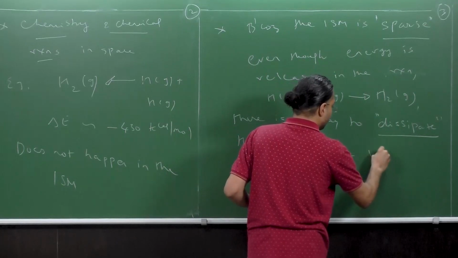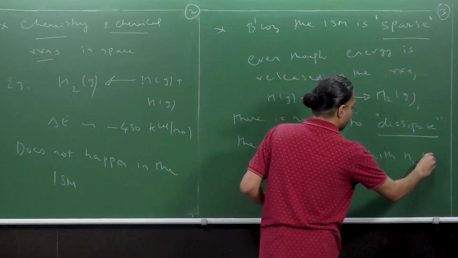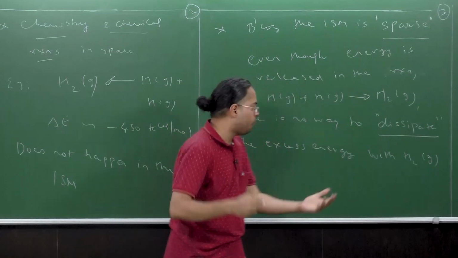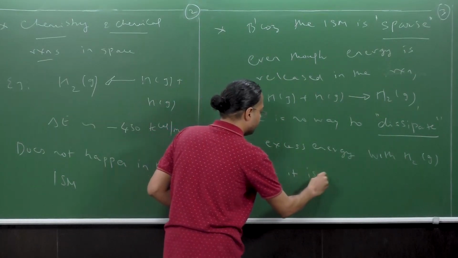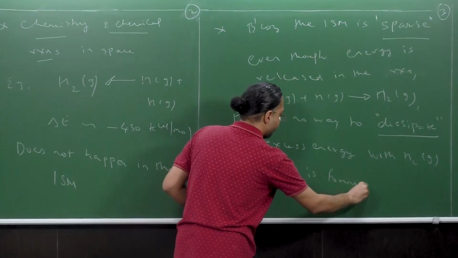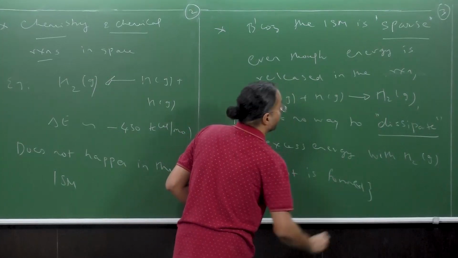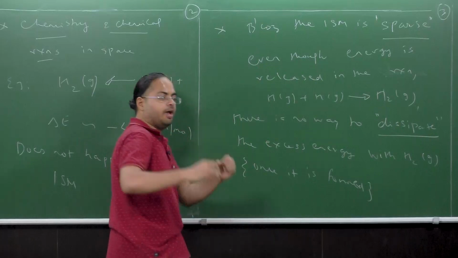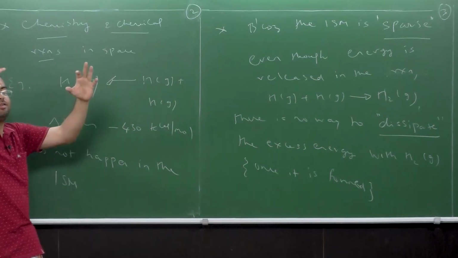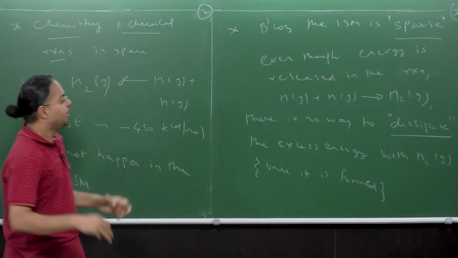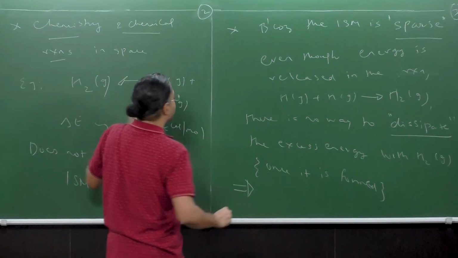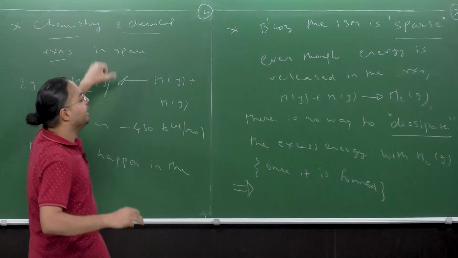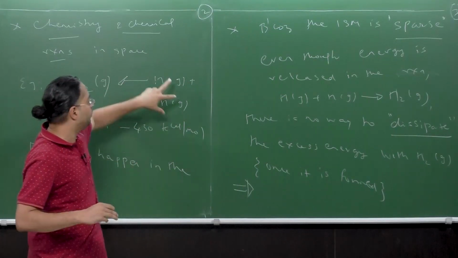Energy with H2 gas once it is formed, okay? Therefore, what happens is that it just dissipates all of its energy to the surroundings, and consequently, this implies that even if H2 gas is formed, it immediately dissociates back to give you the reactants.